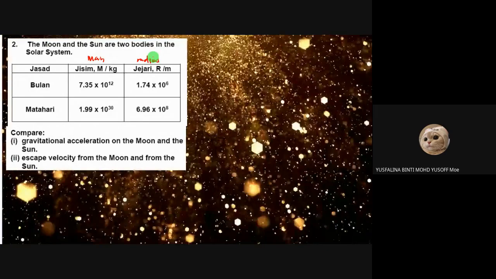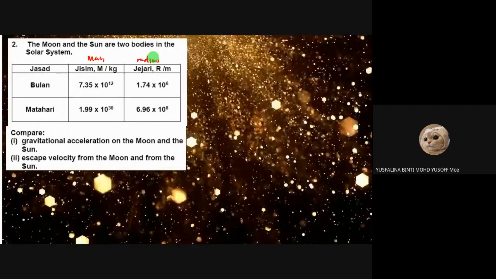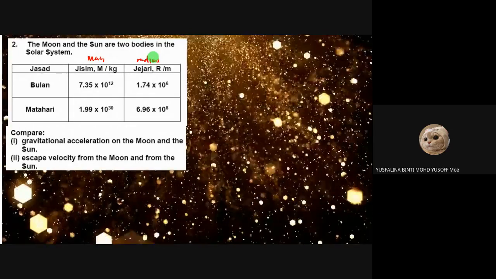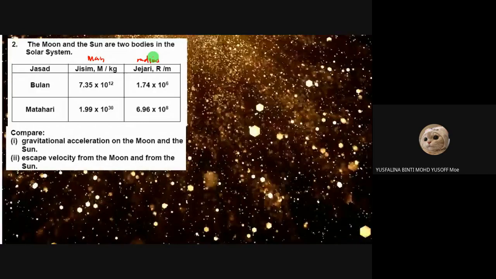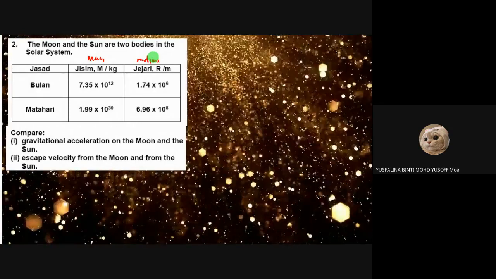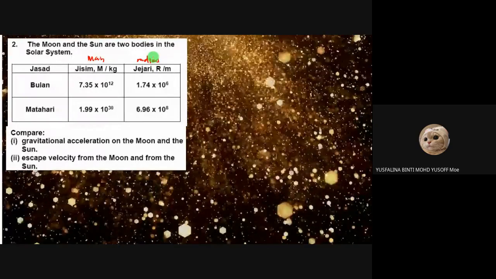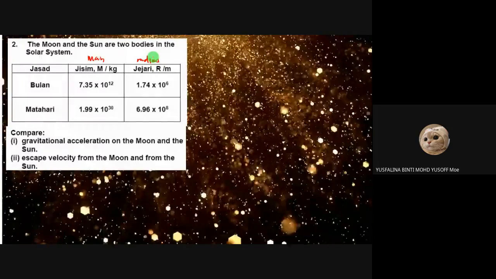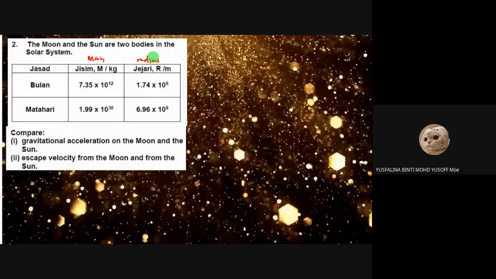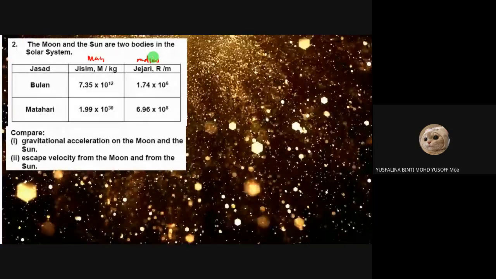Did you get the answer yet? The Sun has higher gravitational acceleration compared to the Moon. What is the value of the gravitational acceleration for the Moon and the Sun?